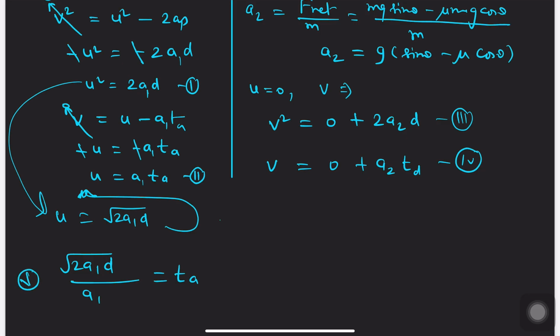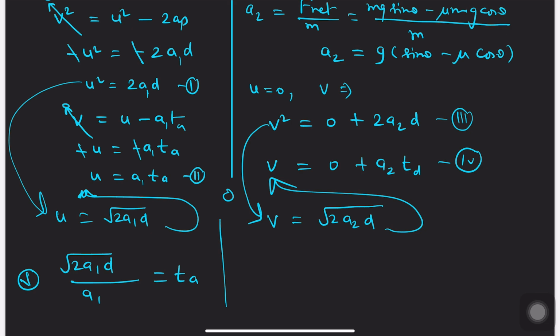Then in this case, v is equal to under root of 2a2d, and this I got from here, and I will put it here. So 2a2d is equal to a2 into t descent.